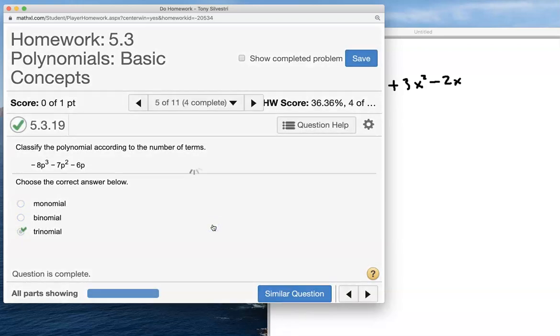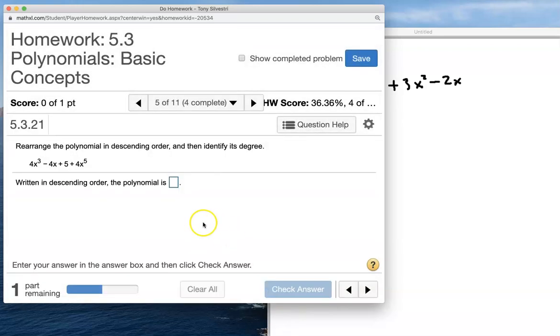Okay, this chapter should go really quick. Now rearrange the polynomial in descending order and then identify its degree. Now, this is a polynomial, but it's not written in an acceptable fashion because mathematicians like to organize things. And when you organize 1, 2, 3, 4 terms, they got to be in the order of highest exponent down to lowest exponent.